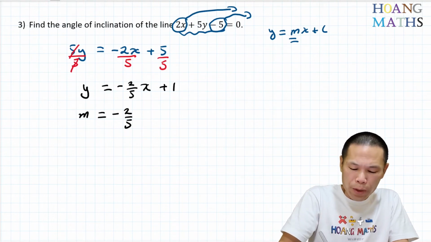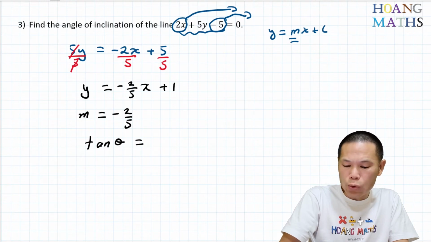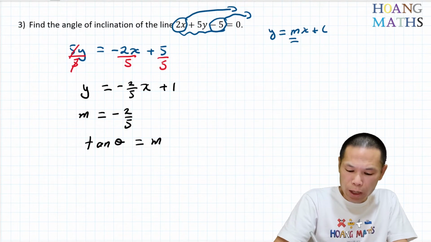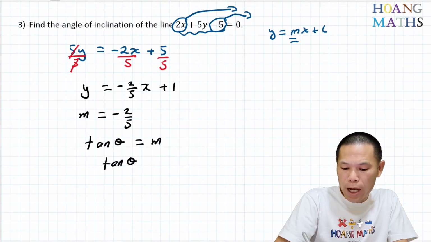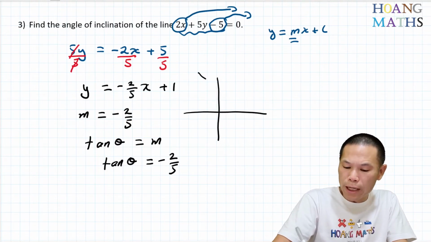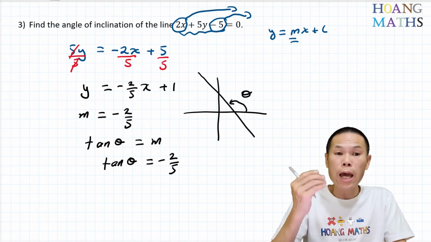So therefore, we write tan of theta is equal to m. So tan of theta is equal to negative 2/5. If you think about it, the negative gradient means the line goes this way, and you can clearly see it is an obtuse angle.